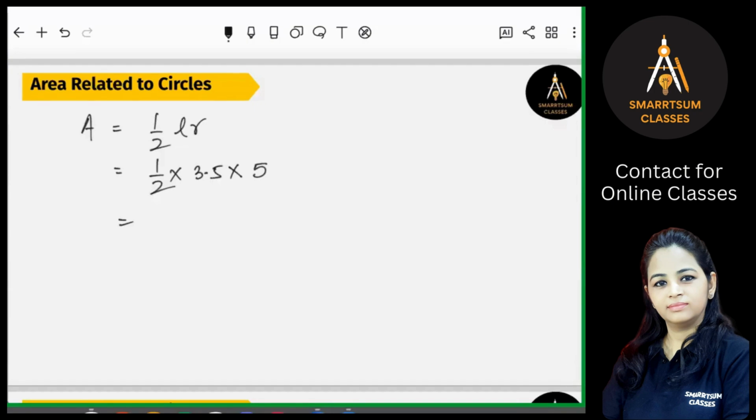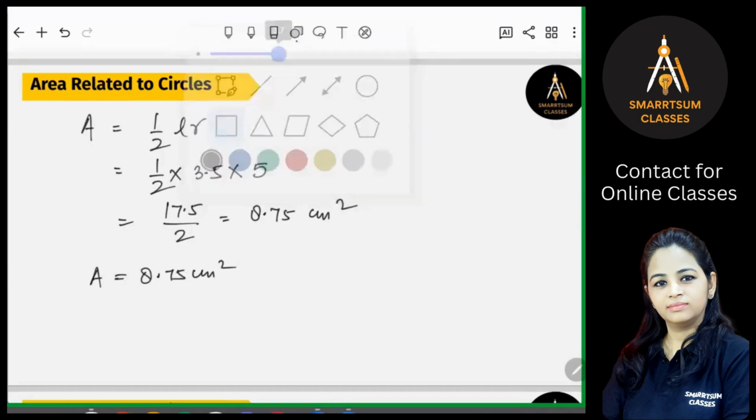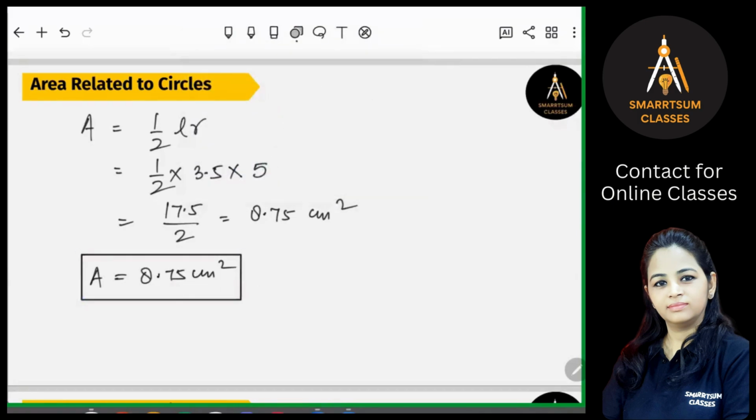So now you can find it out. 3.5 into 5 is 17.5 upon 2. 17.5 divided by 2 is 8.75 centimeter square. So in this way, we have got the area of the sector, that is 8.75 centimeter square.